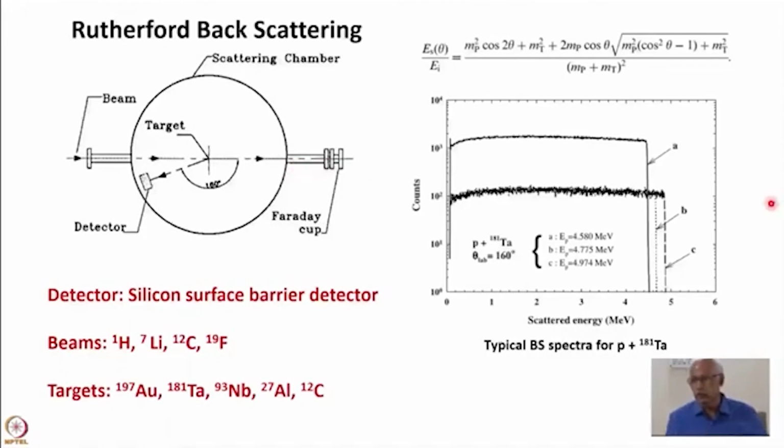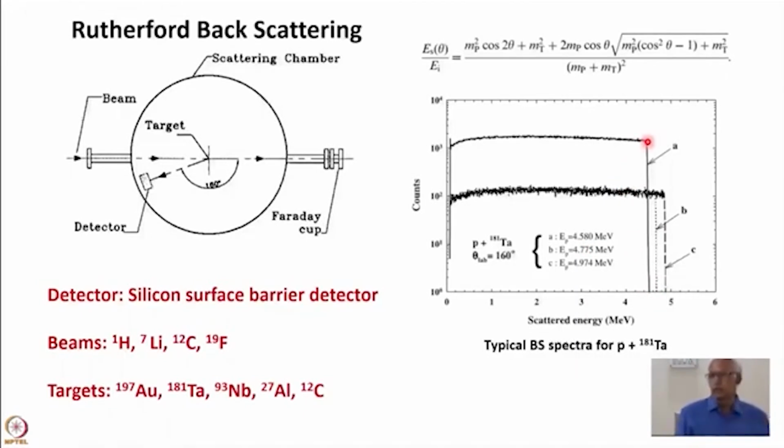You can see that this is one spectrum, and there are different spectra at different energies. Let us take this spectrum at energy C, at 4.974 MeV, and this one at A, a different energy, 4.58 MeV. This is almost like a delta function.